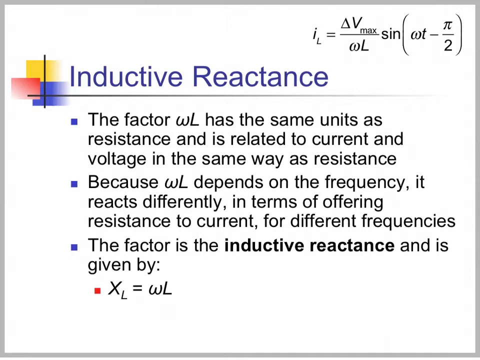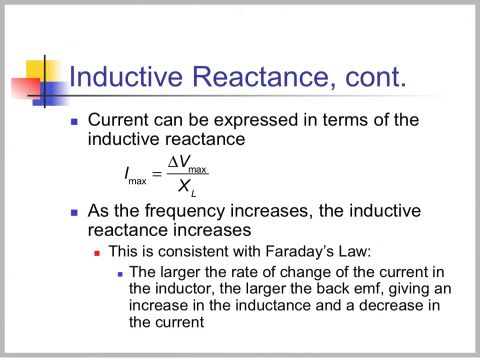So we have a factor we call the inductive reactance, and that's χ_L. This is the Greek letter chi, which looks like a capital X, and χ_L is ωL. So current can be expressed in terms of the inductive reactance. The maximum current is the maximum voltage over χ_L.